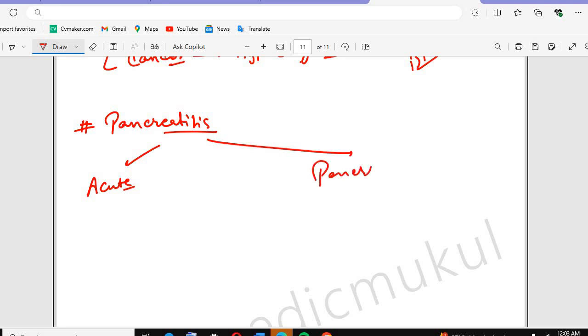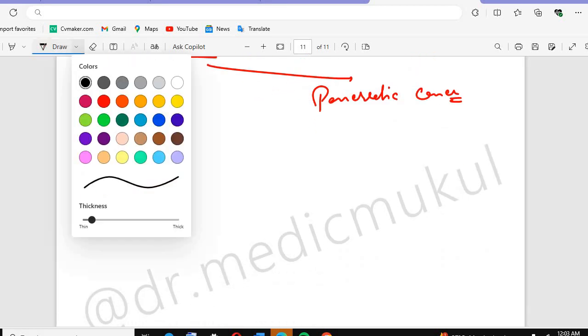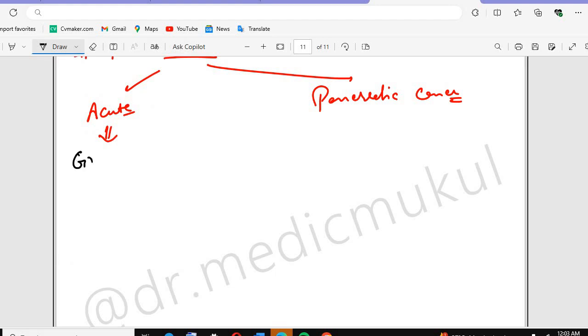In acute pancreatitis, the Grey Turner sign would be positive.